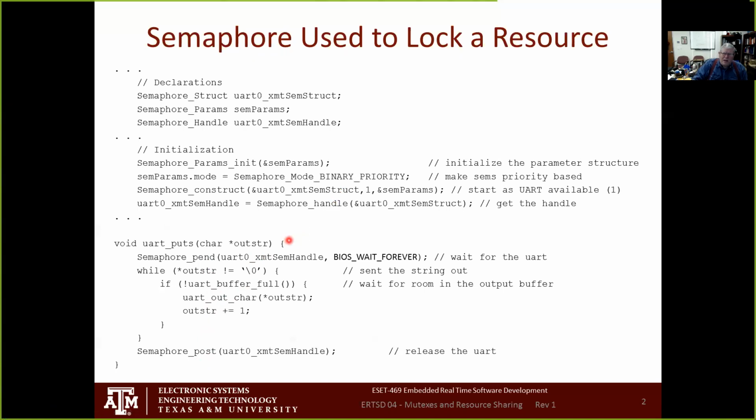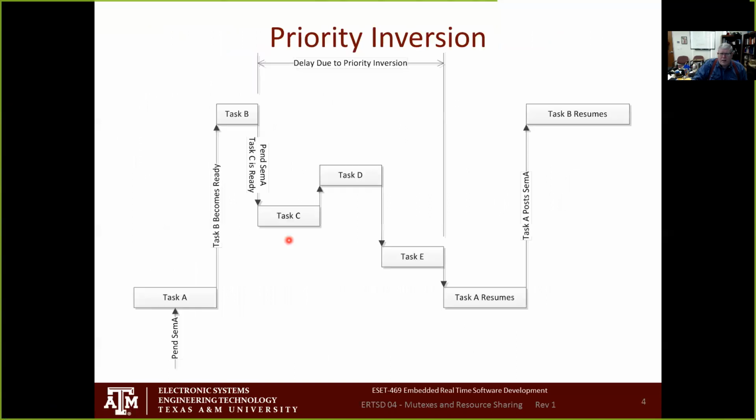Also, if you have logically distinct operations, it's a good idea to free up the resource in between those logically distinct operations. And you'll see that in an example that I'm going to go through today.